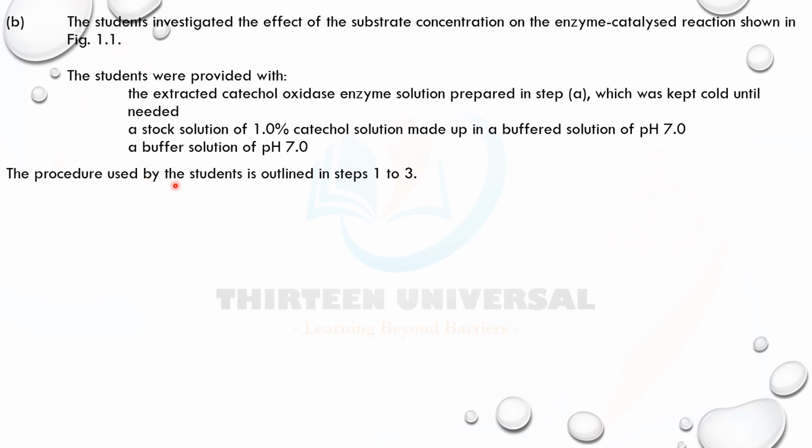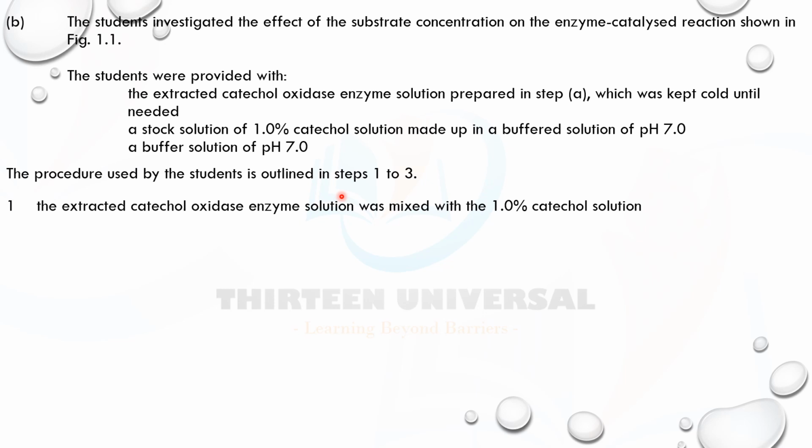The procedure used by the students is outlined in steps 1 to 3. Number 1, the extracted catechol oxidase enzyme solution was mixed with 1.0% catechol solution. Okay, so they mix the enzyme and its substrate.